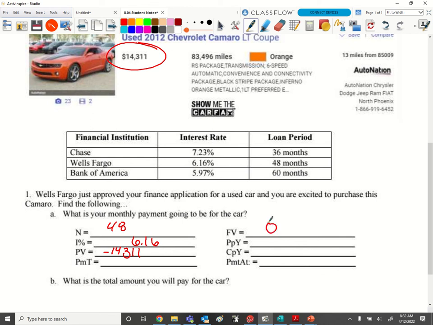Whenever you're talking about loans or payments, you always want that to be 0 because you want that to be gone. But if we're talking about investments, when you take money and put it in the bank, you want that to increase for you later on.